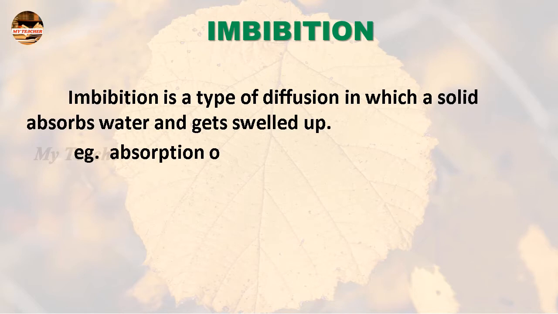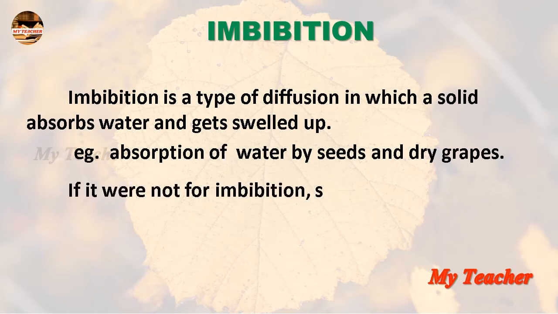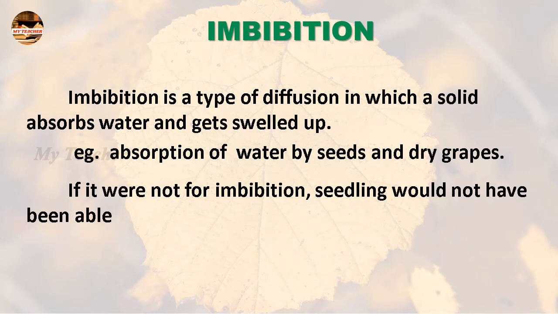Example, absorption of water by seeds and dry grapes. You can observe it by putting some dry grapes or chickpea in water for a few hours. We can see it gets swelled up and seems bigger in size. If it were not for imbibition, seedlings would not have been able to emerge out of the soil.